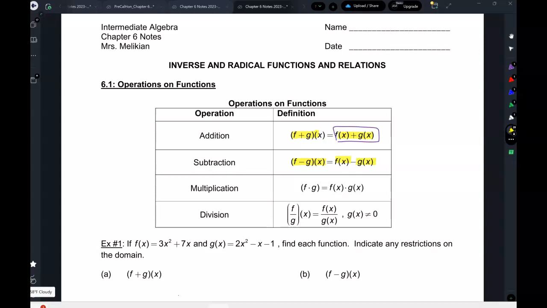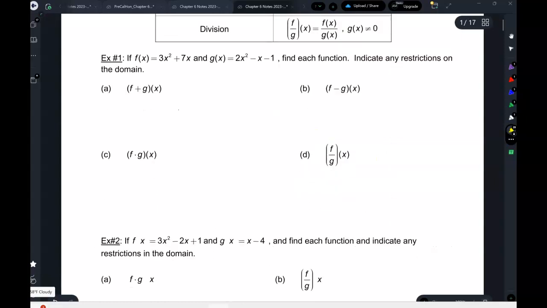Okay, so here, take a look at example 1. I have f of x and I have g of x, and I'm going to perform these operations on f and g. The first one says f plus g of x. So basically, I'm going to take one function, I'm going to take another function, and I'm going to add them to each other.